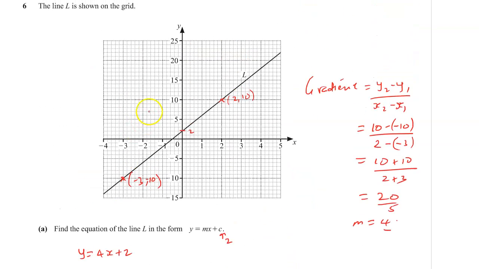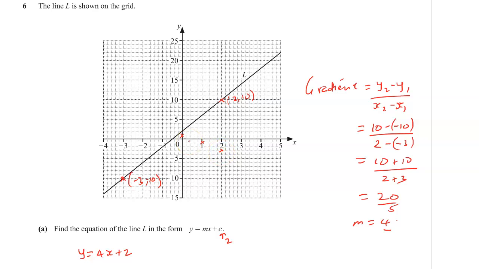When x is equal to 0, y is 1. When x is equal to 1, y is minus 1. When x is equal to 2, y is minus 3.